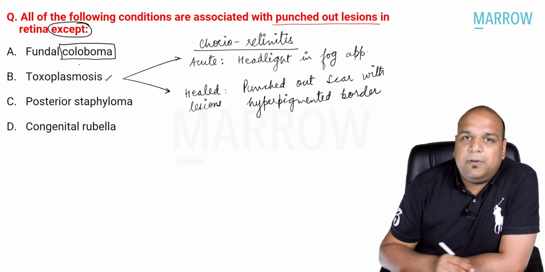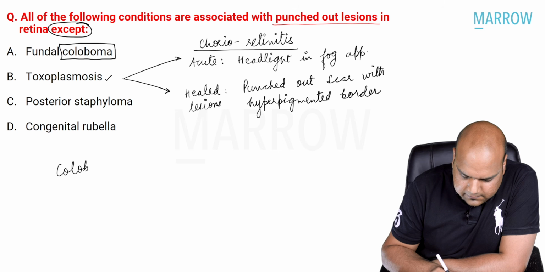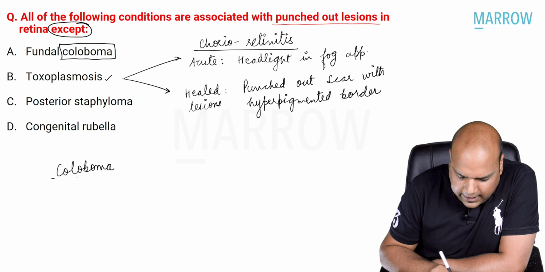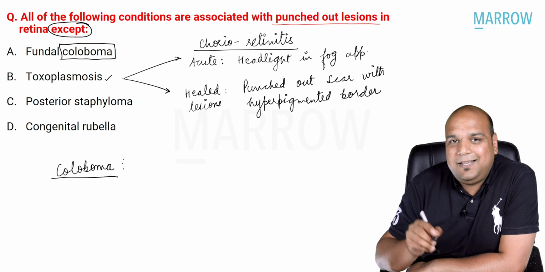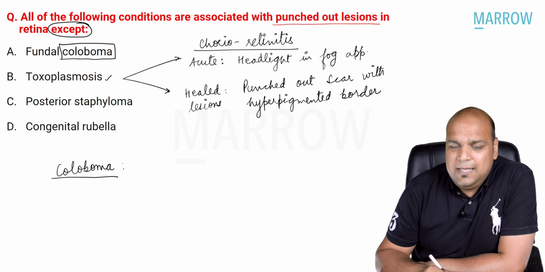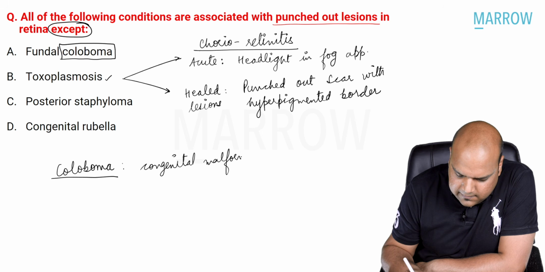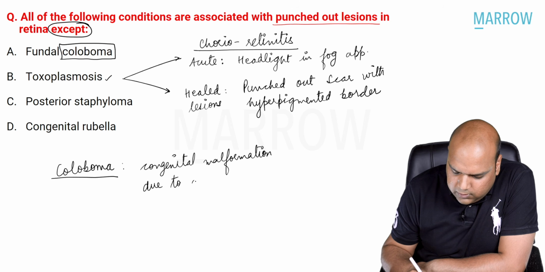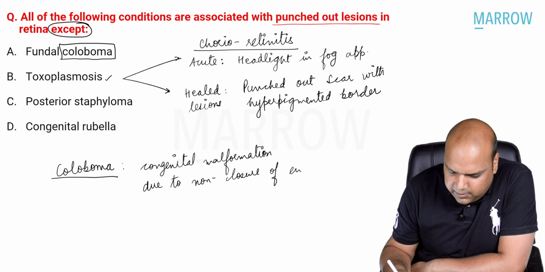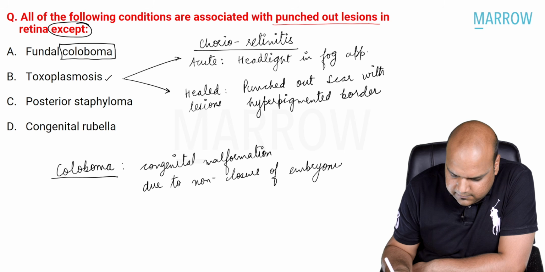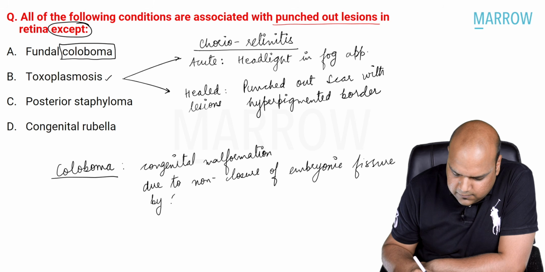What is a coloboma, everybody? A coloboma, derived from the Greek word koloboma, is a congenital malformation due to non-closure of the embryonic fissure by 6 weeks of gestation.